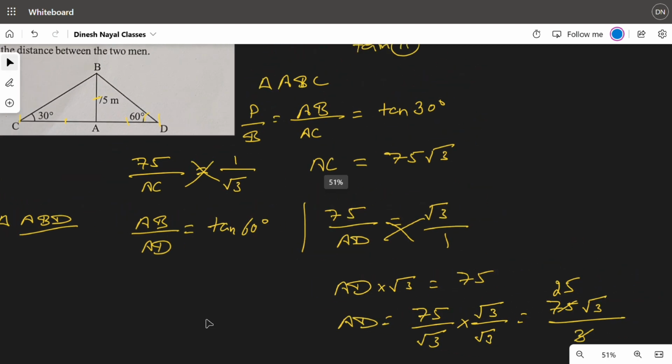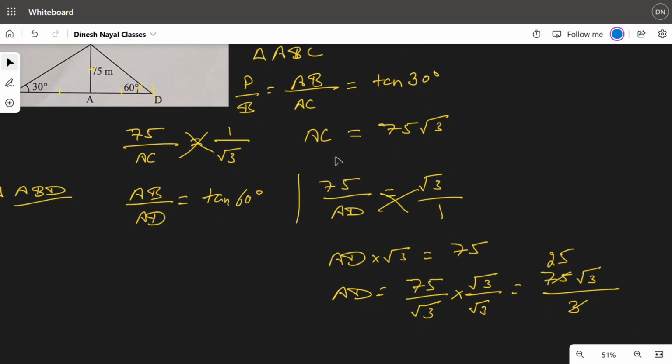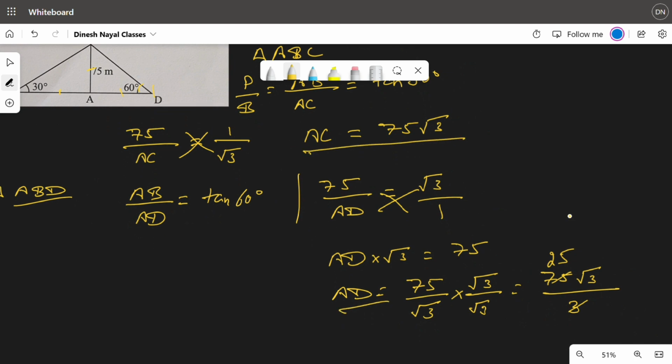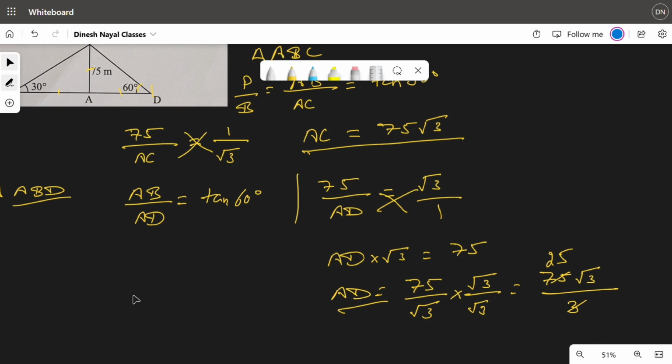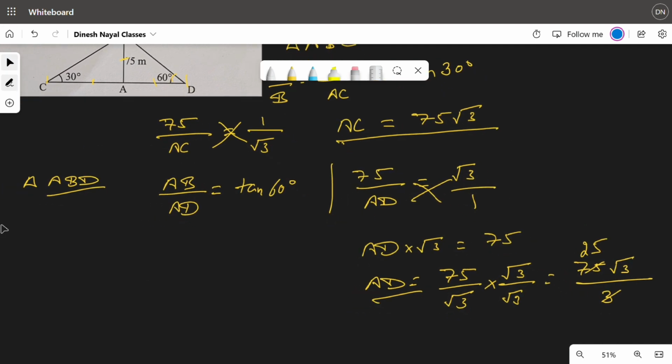Okay, so let's see. AC was 75 root 3. AD is 25 root 3. Now the distance between the two men is given by DC.